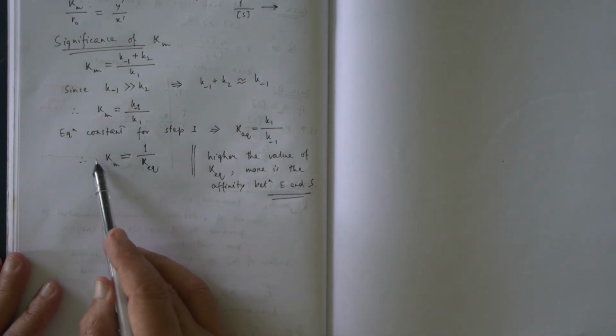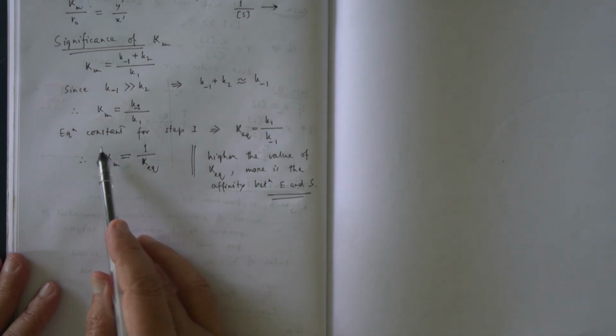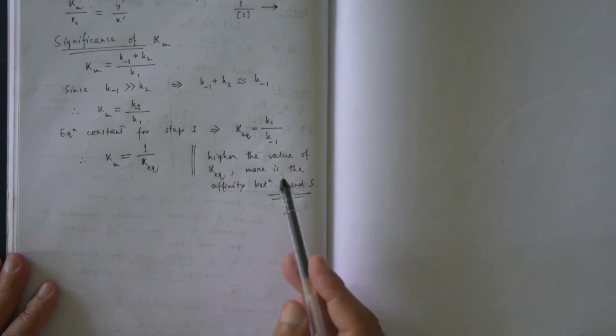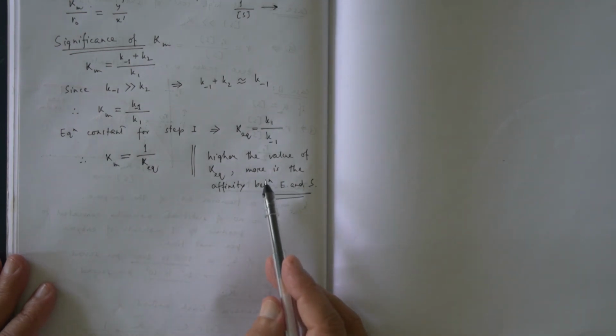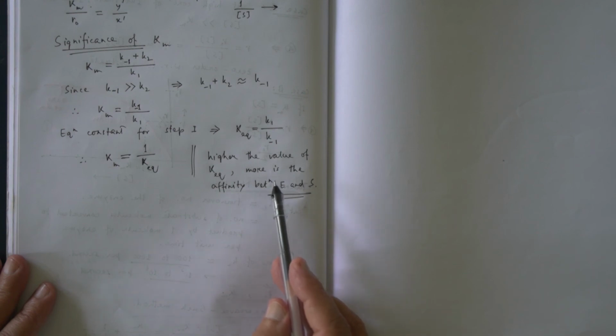Conversely, lower is the value of Michaelis constant, higher is the affinity between enzyme and substrate.